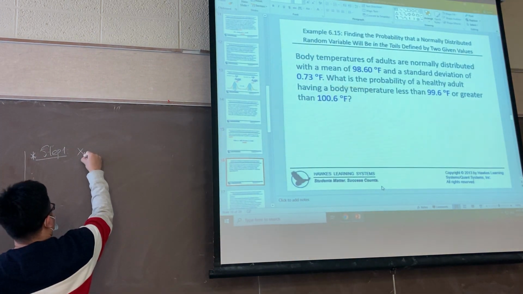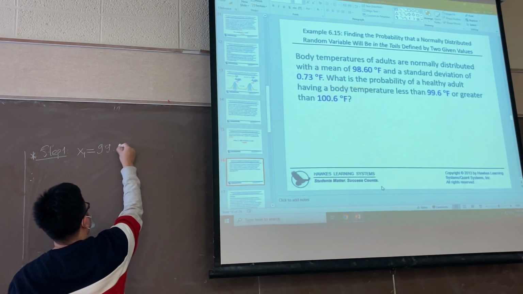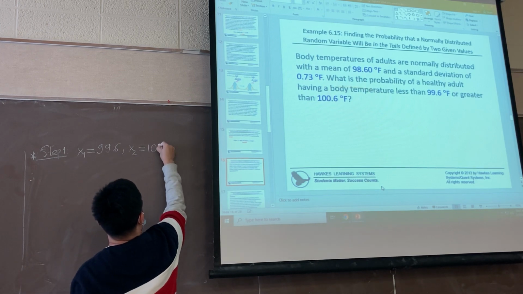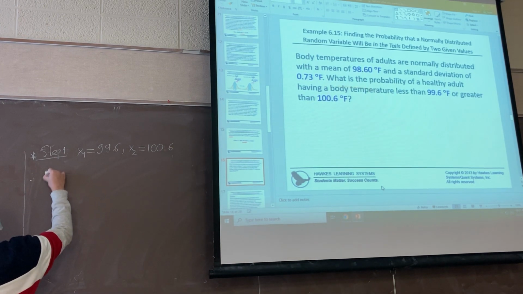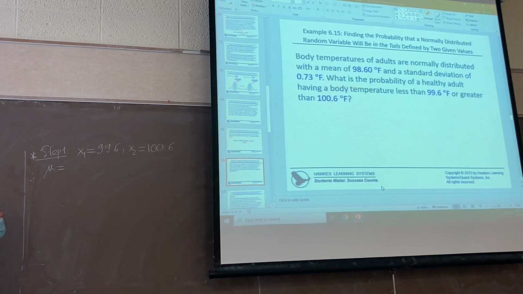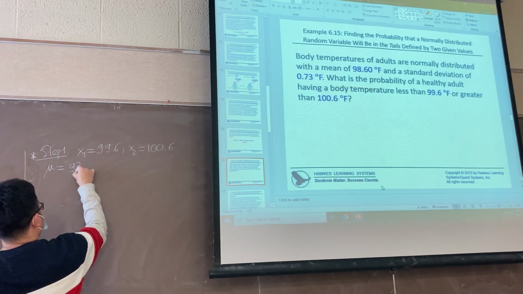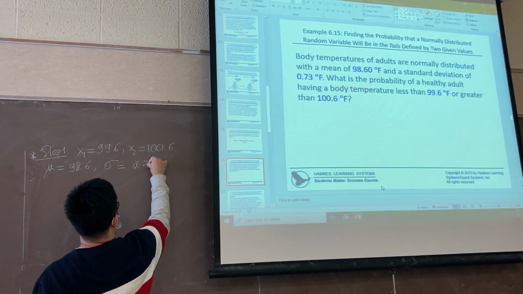We have two x values here, 99.6 and 100.6. And we have mu here, 98.6, and the standard deviation here is 0.73.